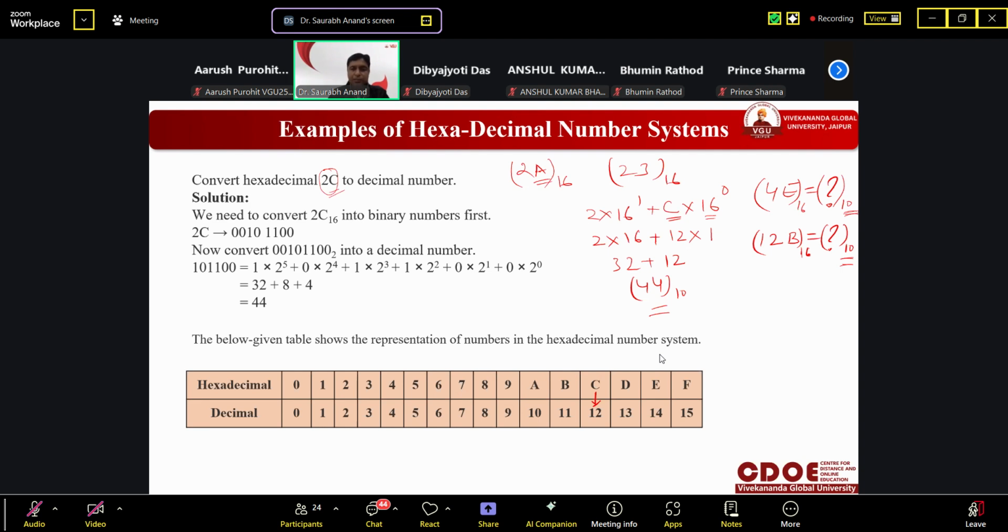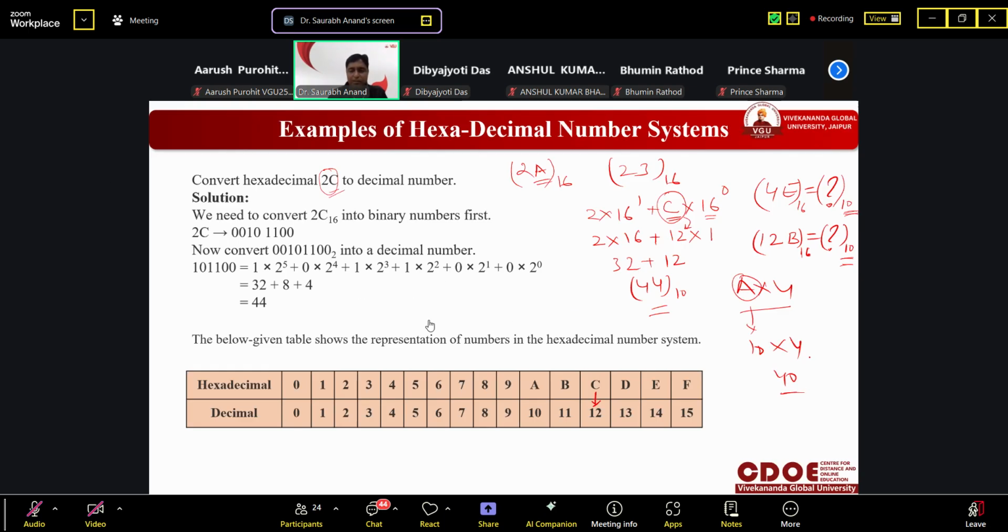So whenever we convert, we need to write those alphabets in its respective decimal value. Then after we can solve it, because we cannot multiply A by 4. Can you do? No. So you need to write A first, 10 into 4, that is 40.